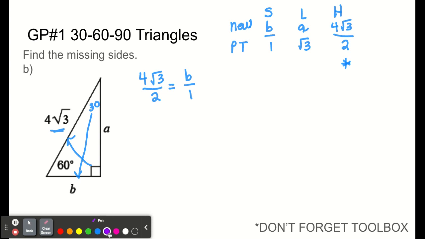Now remember, anytime you have a variable divided by 1, that's just going to equal your variable. So b divided by 1 is simply just b. So b is equal to 4 radical 3 divided by 2. Now if we can simplify this, we want to. Let's take a look at our outside numbers. 4 and 2 are both divisible by 2, and that's going to simplify to 2 radical 3.